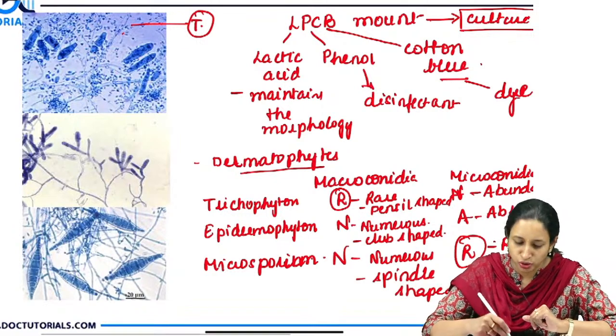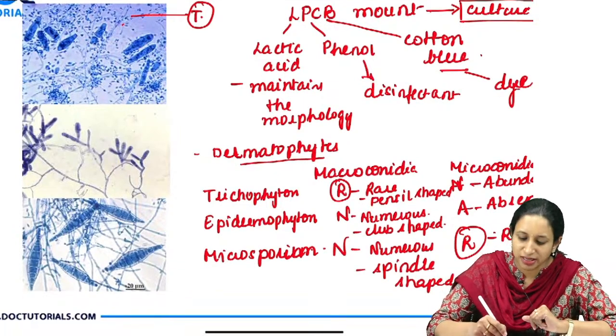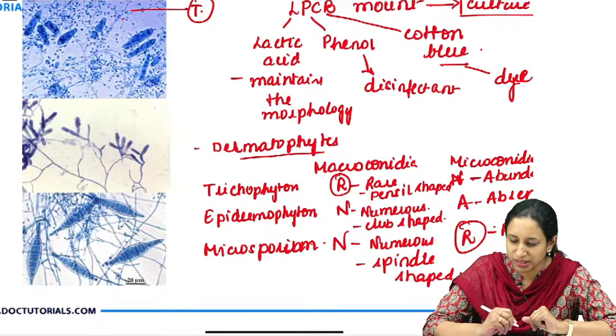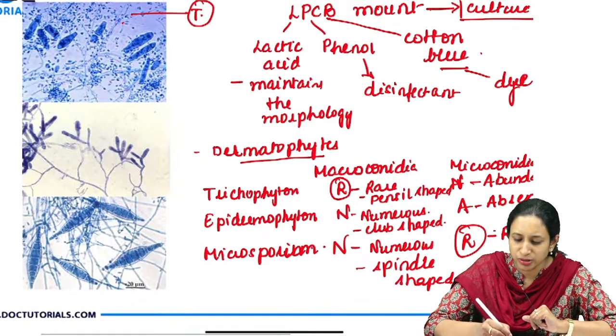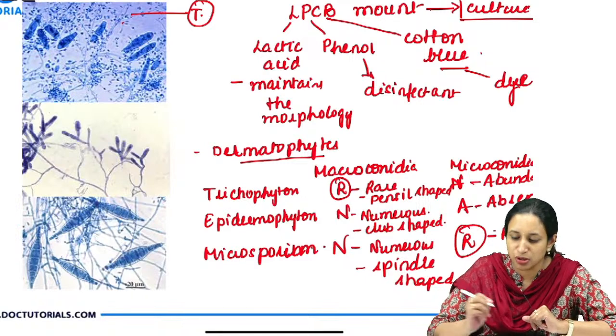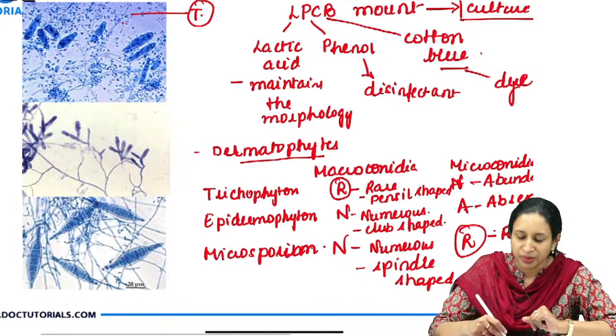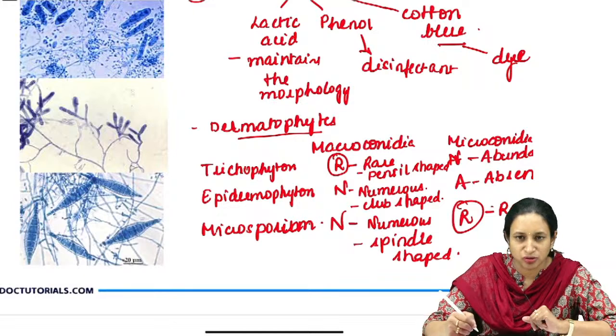Now coming to your second one, here can you see microconidia? You cannot see microconidia, whereas you can see numerous club shaped macroconidia, so this belongs to Epidermophyton. And the last one to remember is Microsporum, where you will see that the macroconidia are spindle shaped and you can see rare microconidia. So this is how you would be able to remember all of them.